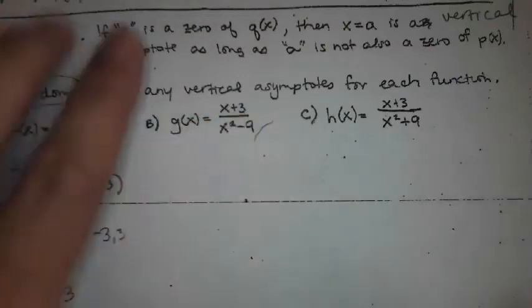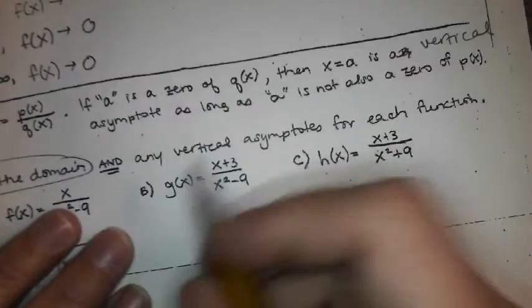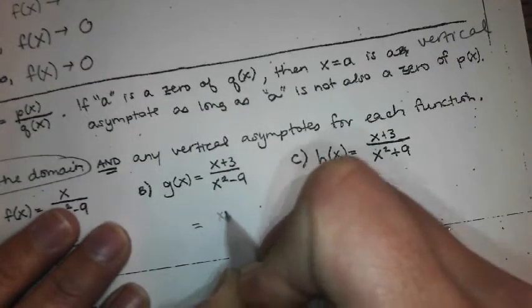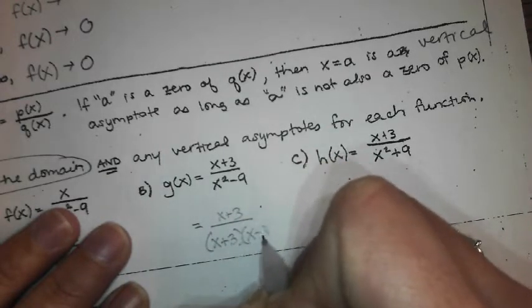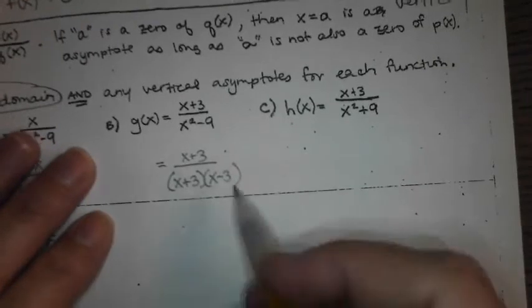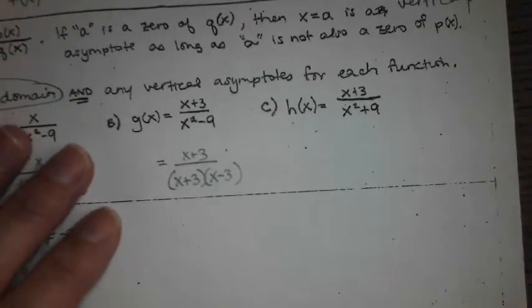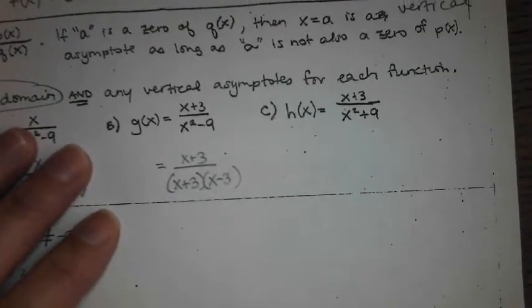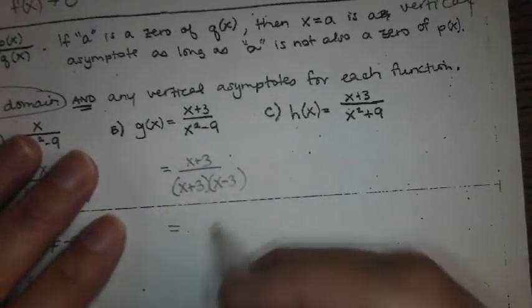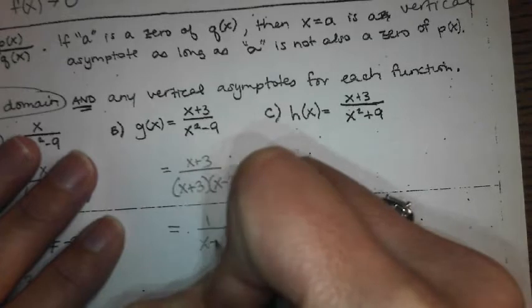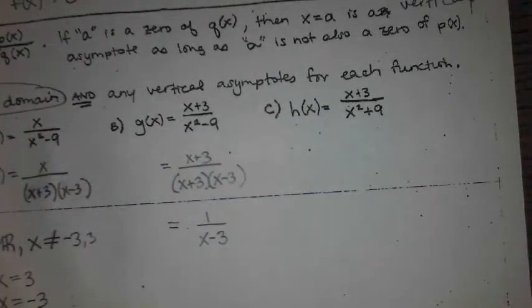This next graph, if I simplify it and factor my denominator again. What do you notice about how this can be simplified? What does this simplify to? 1 over x minus 3. Okay? So here's a key fact.